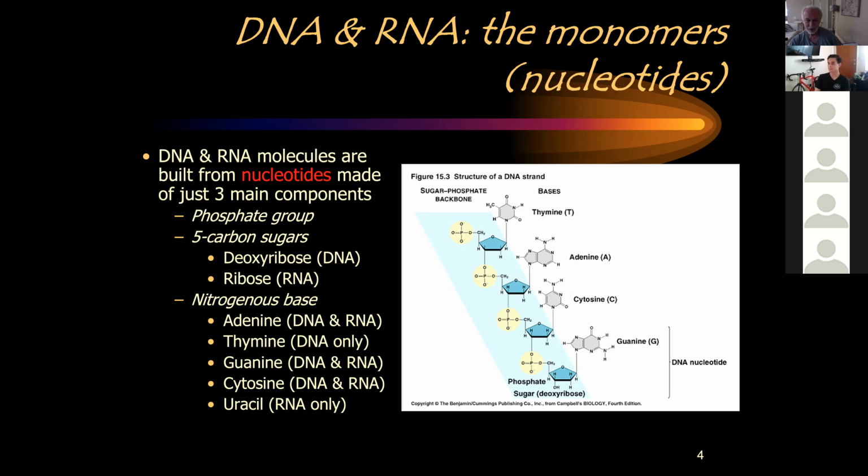And nucleotides just repeat endlessly in these polymers. Now, the other point to be made here is that in the case of DNA, the base is thymine. In the case of RNA, it is uracil. So DNA does not have uracil, it has thymine. RNA does not have thymine, it has uracil.